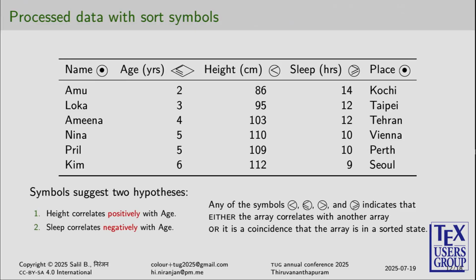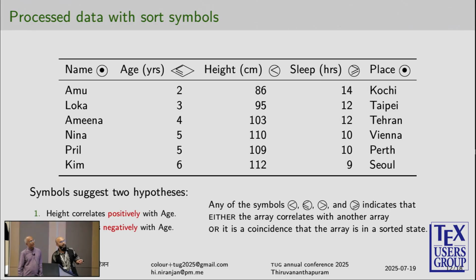An important idea is if we place this symbol in any of the two elements of the array, it gives us the relationship of being lesser than. So 86 is lesser than 95, and so on. So all these symbols, for example sleeping hours, if you place this symbol in these two, it makes sense for all the elements of the array. So that is one thing he missed to mention.